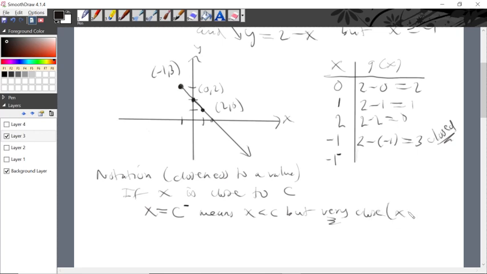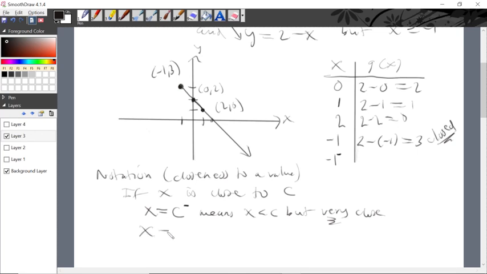For instance, I can't do a specific number here, but it would be like saying that x is -1.00000000001 or something like that. Some number that's really close to -1, but just a little bit less than -1. And that's what that notation means.